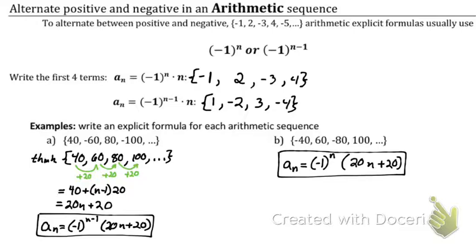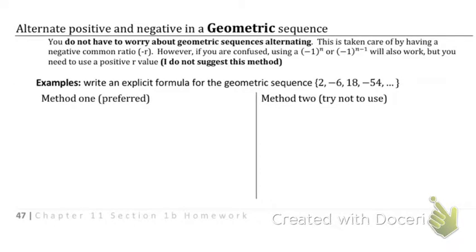I have two methods down here, but I note that this is my preferred one. When you're alternating between negative and positive, if your R value is negative, it will automatically alternate between positive and negative. We don't have the problem with adding and subtracting.